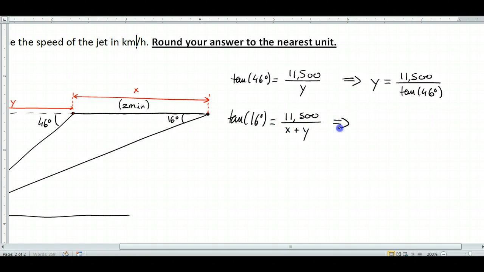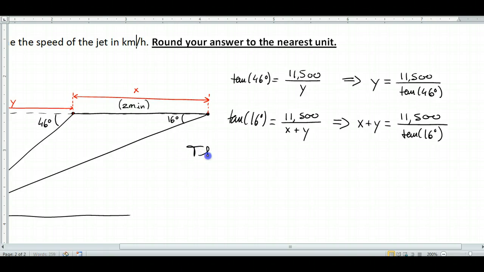We're going to solve this equation for x plus y, and we find that it is 11,500 divided by the tangent of 16, right? So now it's pretty simple. Let's solve this equation for x.